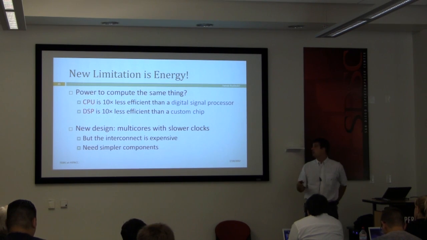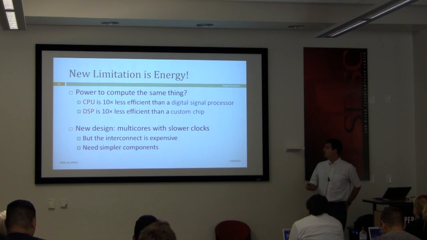If you did it on a custom chip designed to decode that video, that's another factor of 10. So going from a general purpose device to a specialized device is a factor of 100 in power. It's quite astonishing if you think about it.